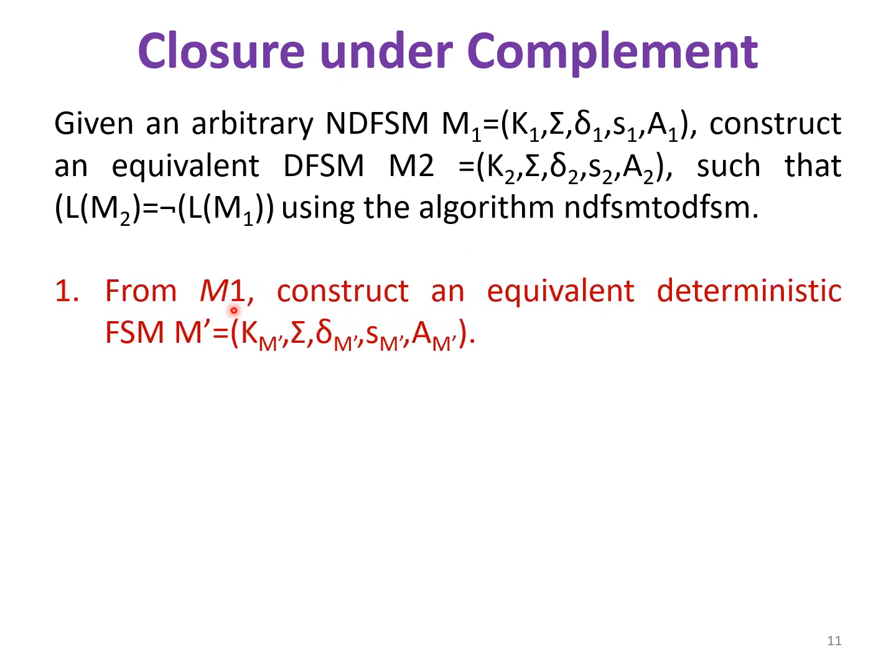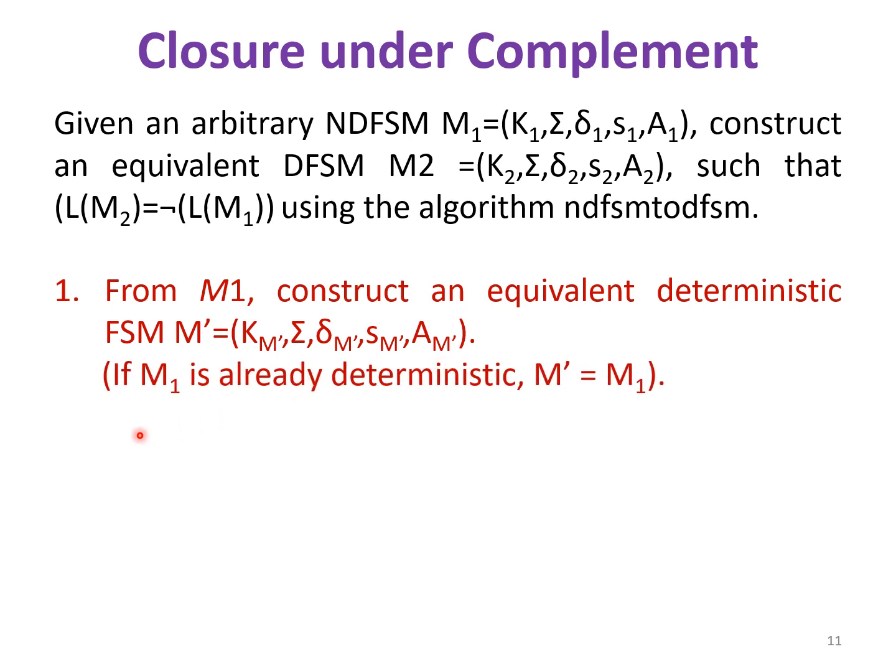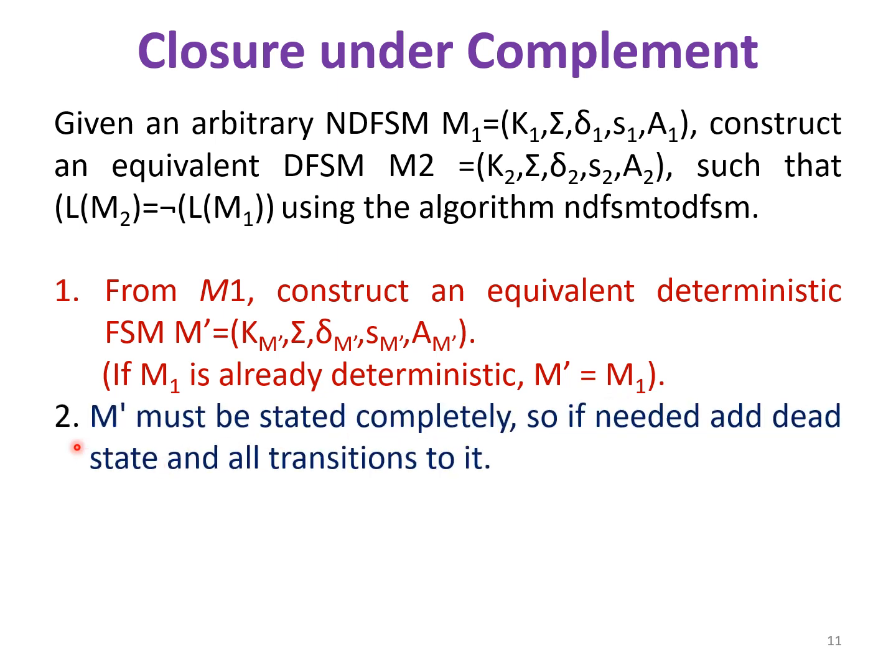First step: from M1 construct an equivalent deterministic finite state machine M' = (K_M', Σ, δ_M', s_M', A_M'). If M1 is already deterministic, then M' = M1. Second step: M' must be stated completely. So, if needed, add a dead state and all transitions to it.